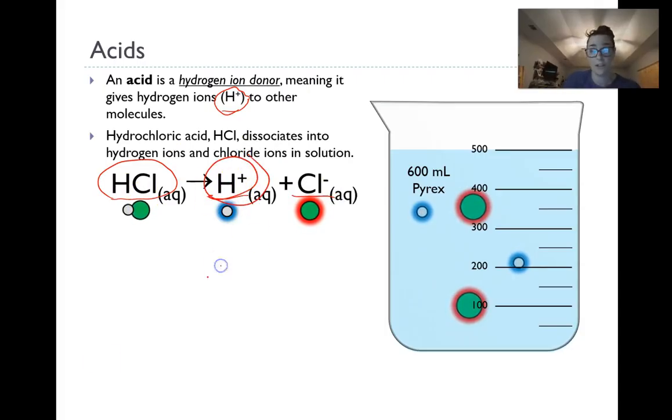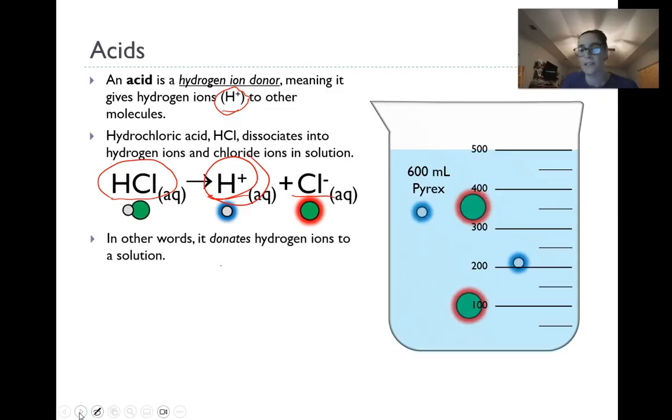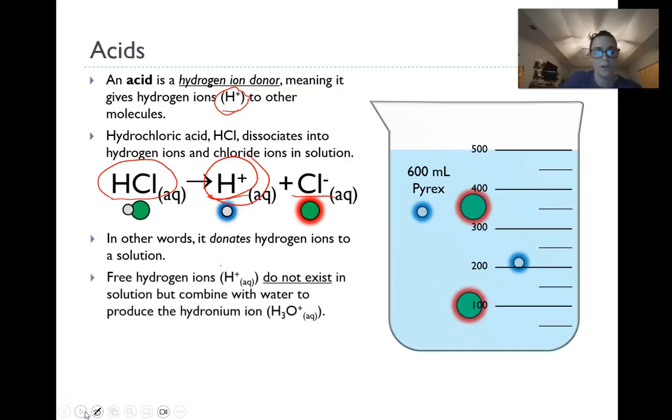That is what the definition of an acid is according to specific definitions, which we'll get into in a bit. So in other words, it donates these hydrogen ions to a solution, and a lot of times other things can grab it up, bind to it. So for example, in water, because remember this AQ means aqueous, dissolved in water, a lot of the times water, H2O, will actually grab up those free hydrogen ions.